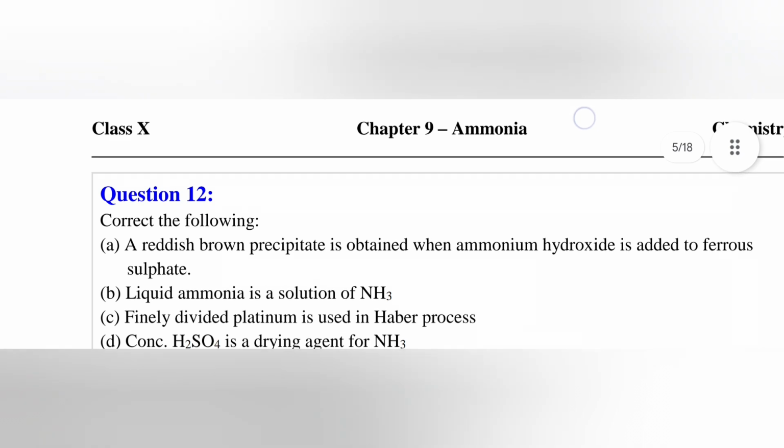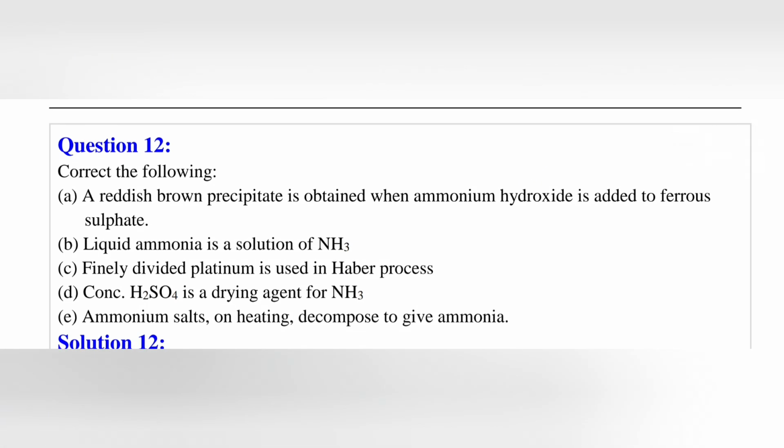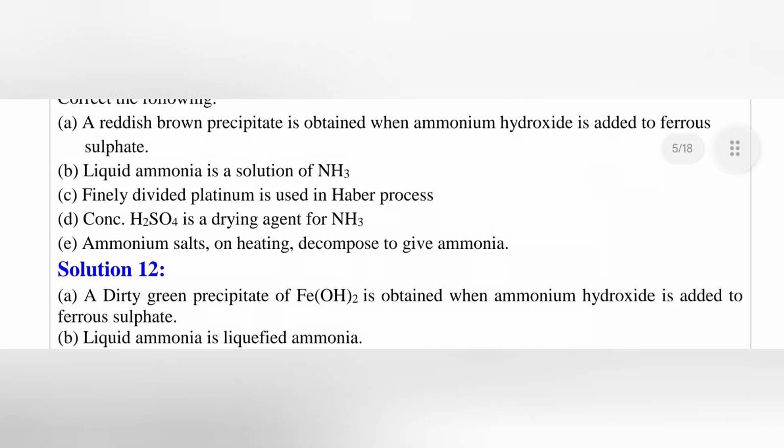Next question, question number 12. Here we have 5 statements. First: a reddish brown precipitate is obtained when ammonium hydroxide is added to ferrous sulfate. Correct the following. This is incorrect, because we are talking about ferrous sulfate.